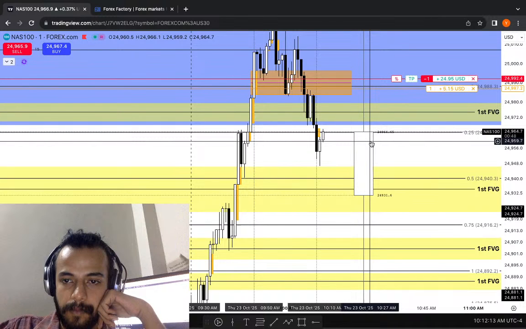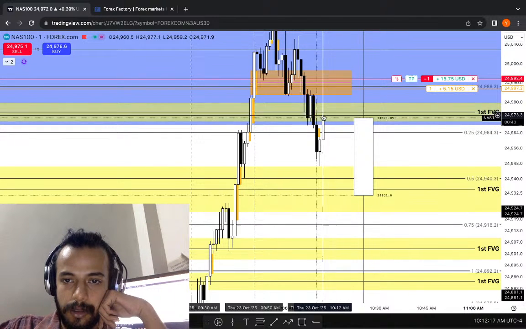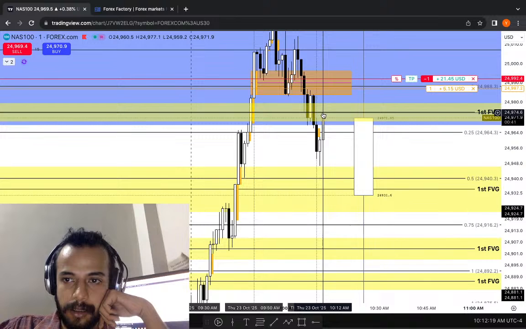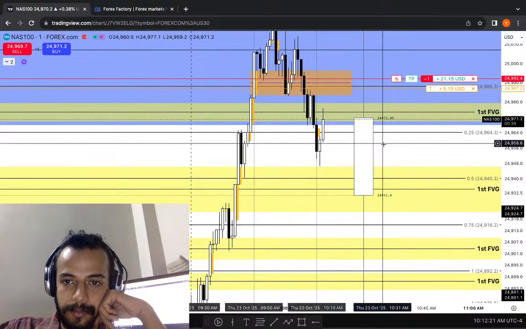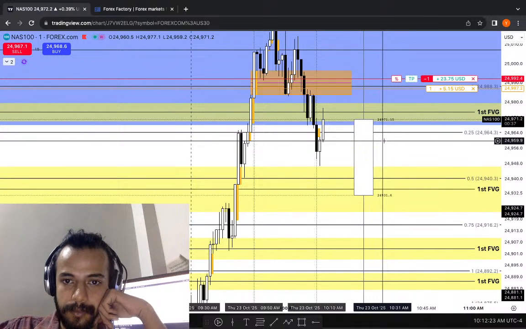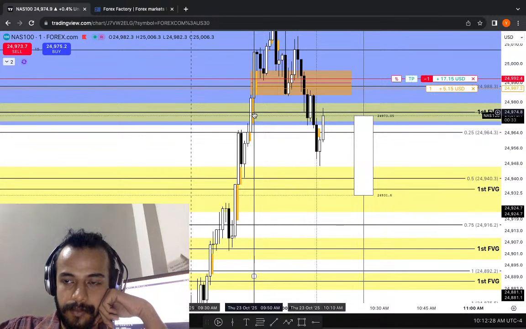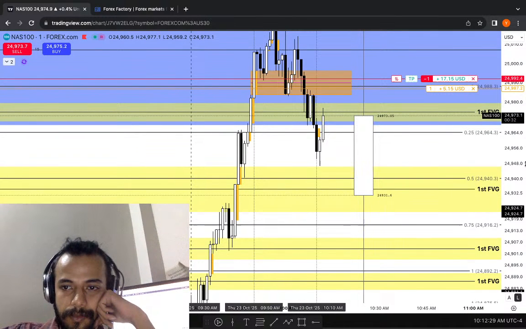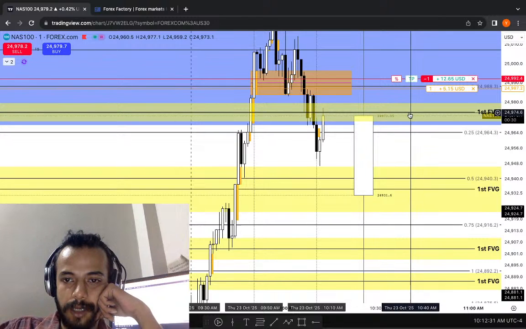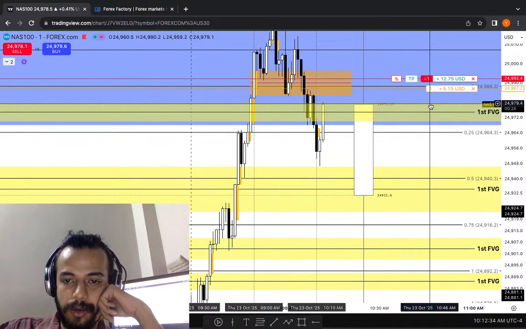Wicks are allowed to do the damage, but not like that. Bodies of the candle should stay below this, that is not happening. They are going to pull it higher.